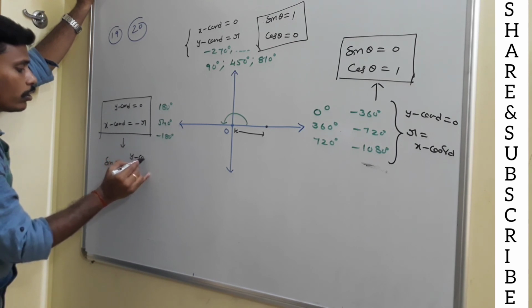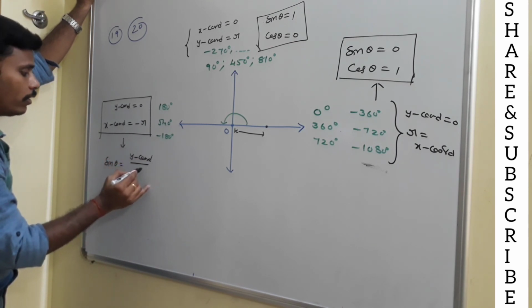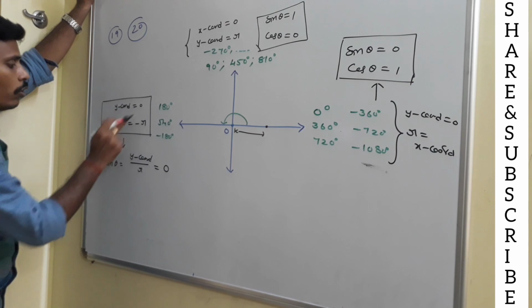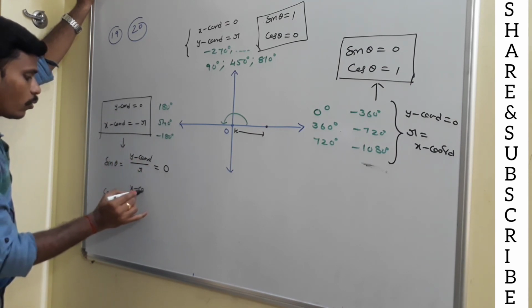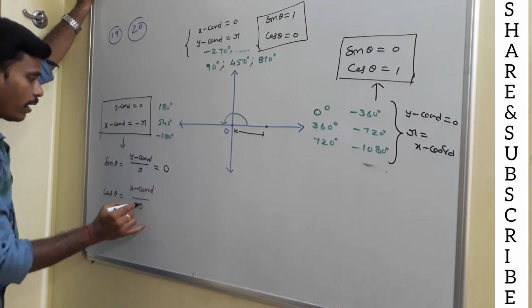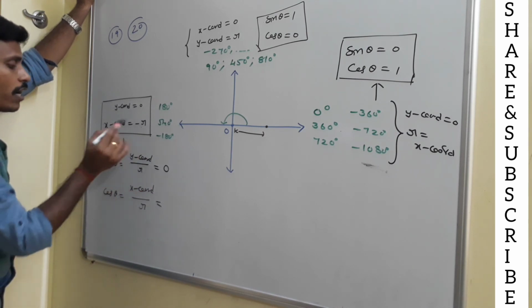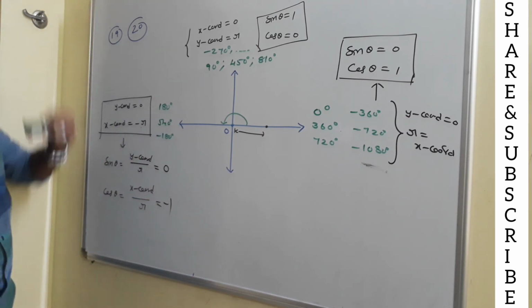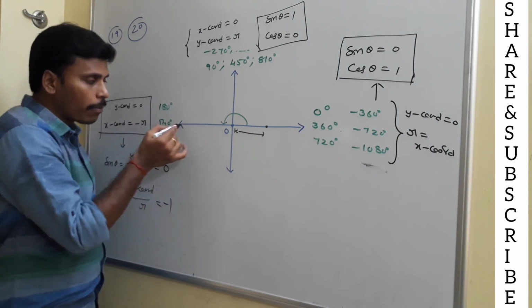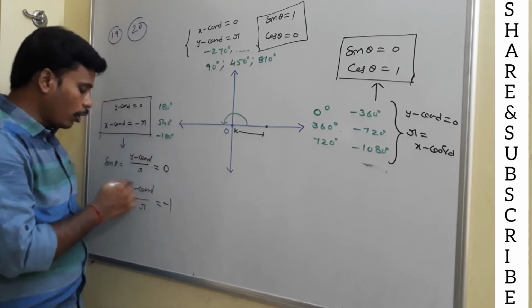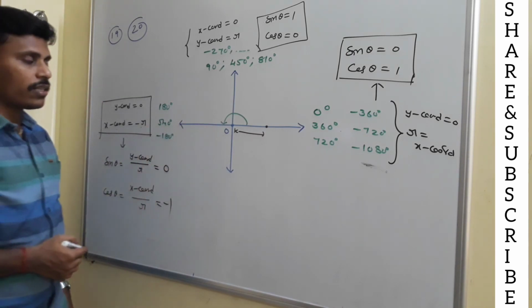Sine theta is equal to y coordinate by r. Since the y coordinate is 0, this value is 0. And cos theta will become what? Cos theta is equal to x coordinate by r. And as I mentioned, the x coordinate is minus r, so it is minus 1. So you need to memorize that for an angle whose terminal ray is the negative x-axis, sine theta is 0 and cos theta is minus 1.